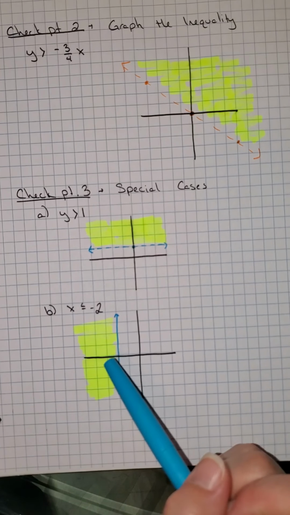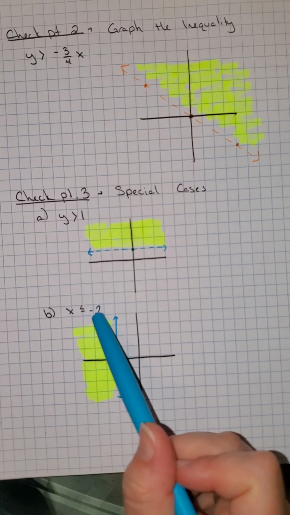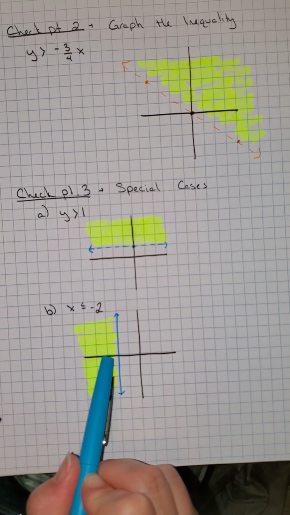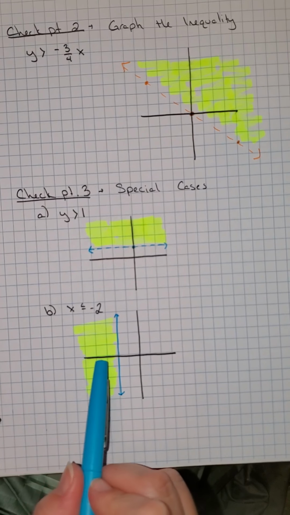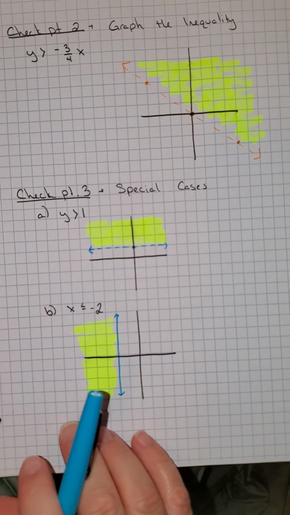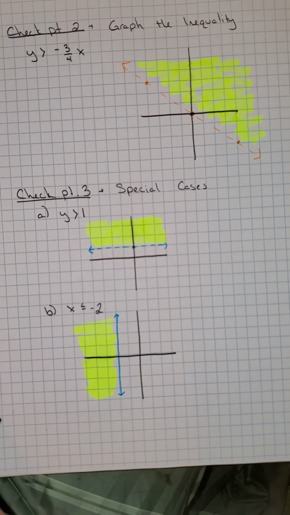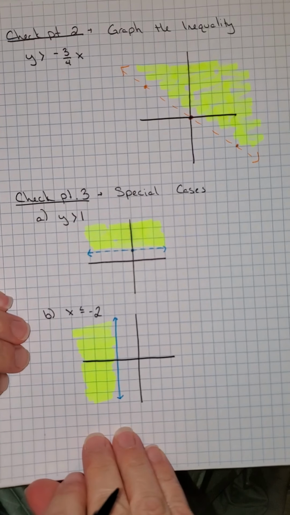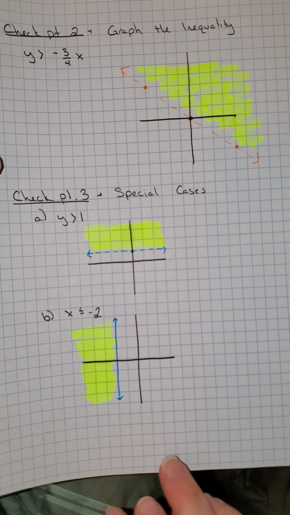With the x's, you have to kind of think, all right, where is x going to be less than negative 2? Maybe everywhere down here where x is negative 3, negative 4, negative 5, and so on and so forth. Alright, so those are your special cases.